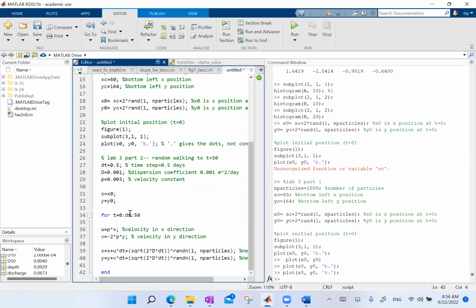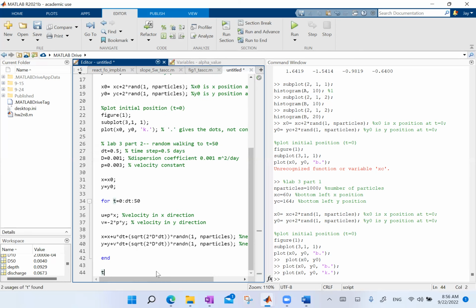So it's going to be, for t equals 0, it's going to go through this part, calculate the velocity and the position, and then advance one more time step. t equals 0.5 is going to go through this, and t equals 50 is going to go through this. At the end, we just have one x vector and a y vector for the final position at t equals 50.